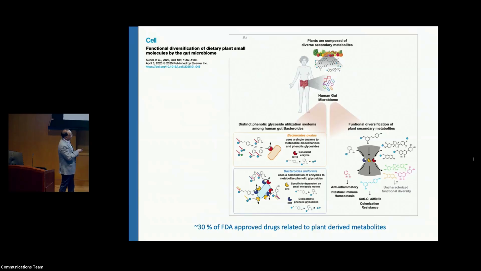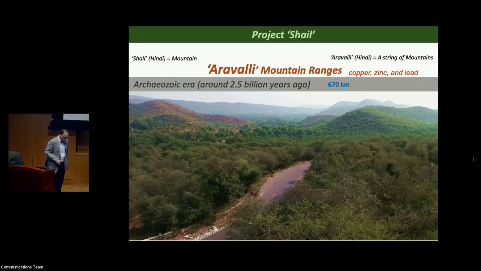And this is an interesting fact I found: almost 30 or 35% of FDA-approved drugs have some lineage in plant-derived products. That's interesting for me because I'm a plant biologist, but also because, as a country, we have a huge amount of traditional knowledge connected to plant biodiversity. And that's what this project is all about.